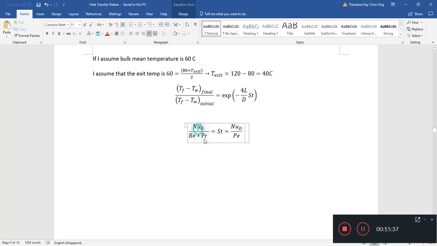And then what I do is I try and find this exit temperature. If my exit temperature is somewhere around 40 degrees C, then I can accept the answer. Otherwise, I'll have to change the exit temperature and reevaluate everything again. So I'm just going to do a few rounds in this video just to get a feel of it.